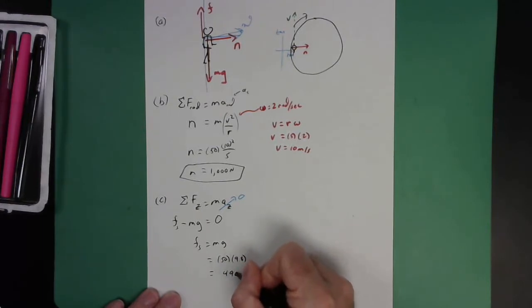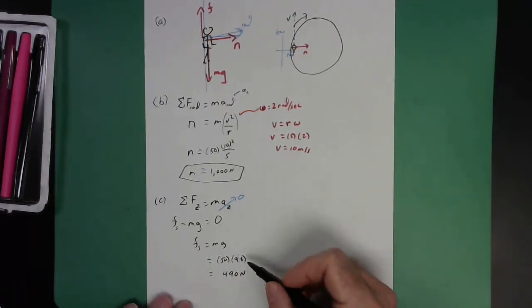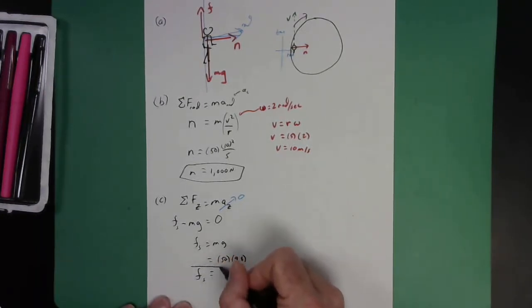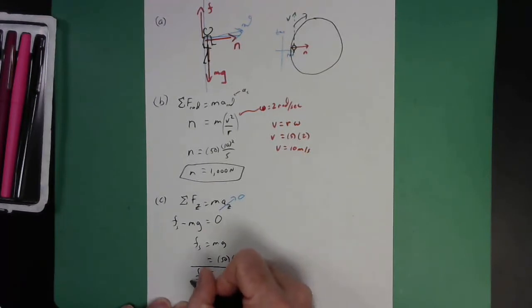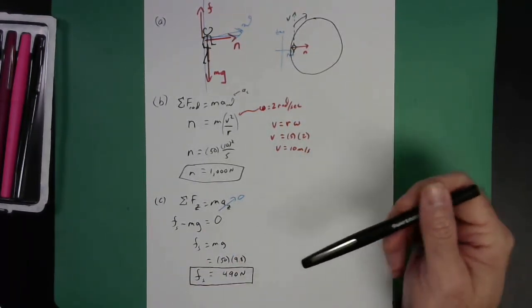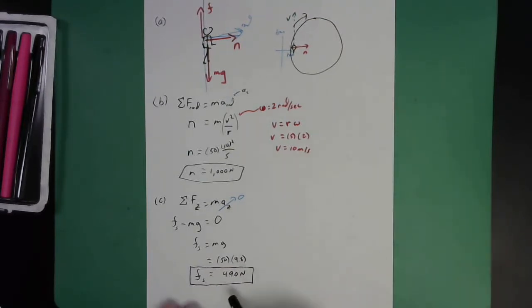And recognize this is 490 newtons. It's not that hard to do 9.8 instead of 10. If I were teaching you just how to score well on the exam, instead of teaching you physics, then I would probably tell you to round that to 10 all the time. But, man, it just rubs me the wrong way. So 490 newtons is that static friction force.